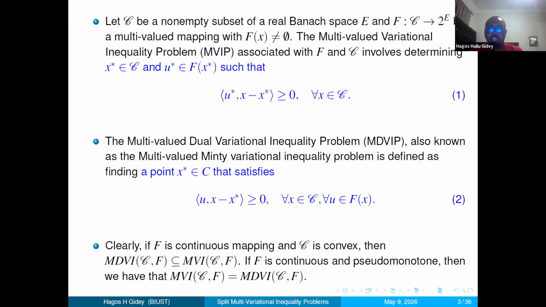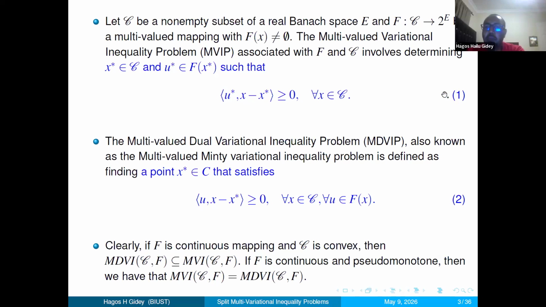I will start by defining one of the main problems in variational inequality. We consider any non-empty subset C of a real Banach space. Then the multivalued variational inequality problem associated with a function F and C is defined as: find x star in C and u star in F of x so that this inequality 1 is satisfied.